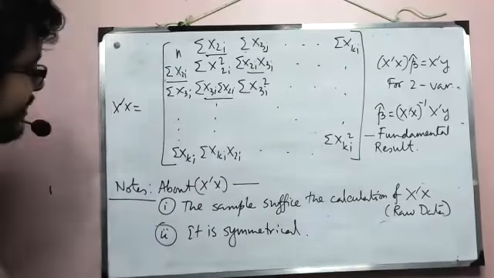Okay, and then X transpose Y will become sum over yi and sum over xi yi, where y will be this y1 dot dot dot yn.